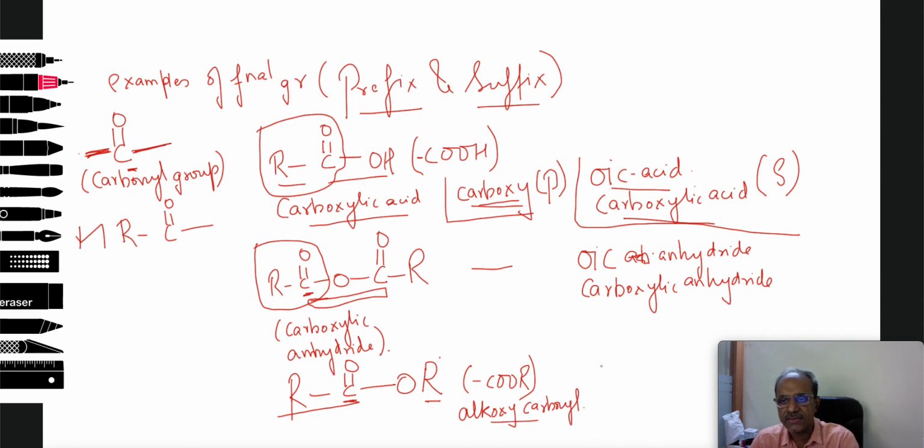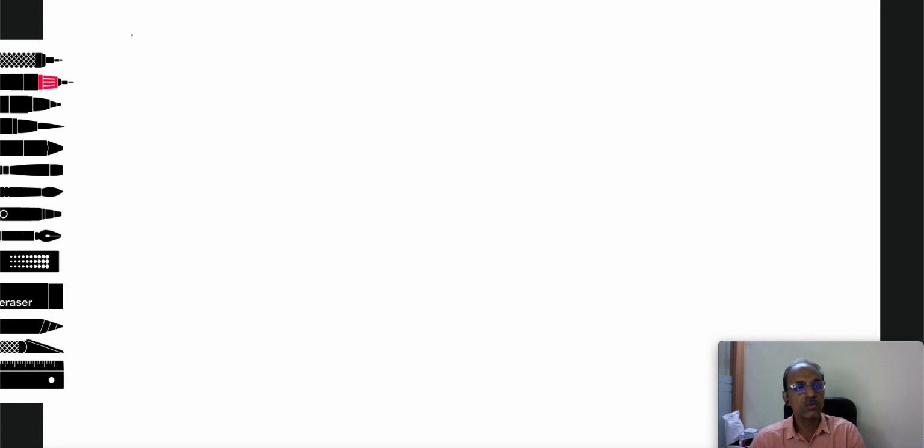And the suffix is oate, or also carboxylate. This is the suffix. Alkoxycarbonyl is the prefix. Fine.